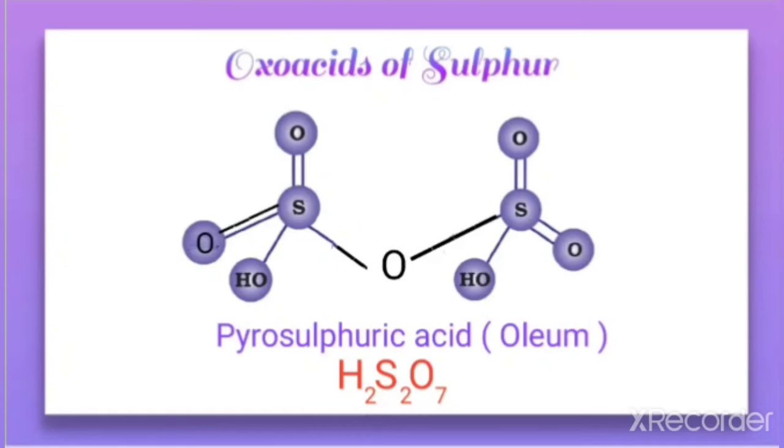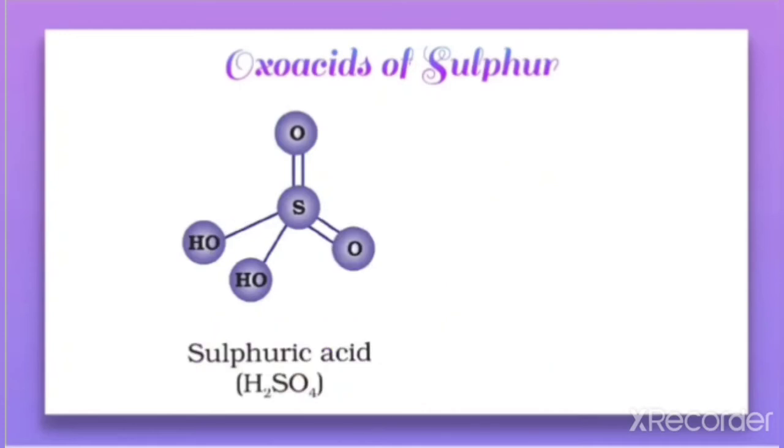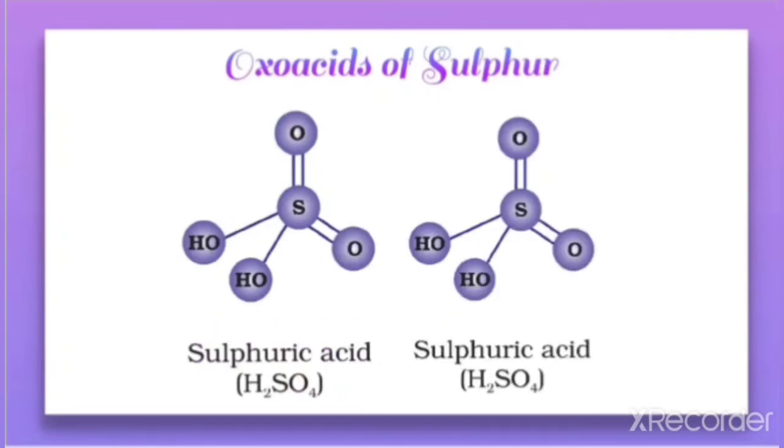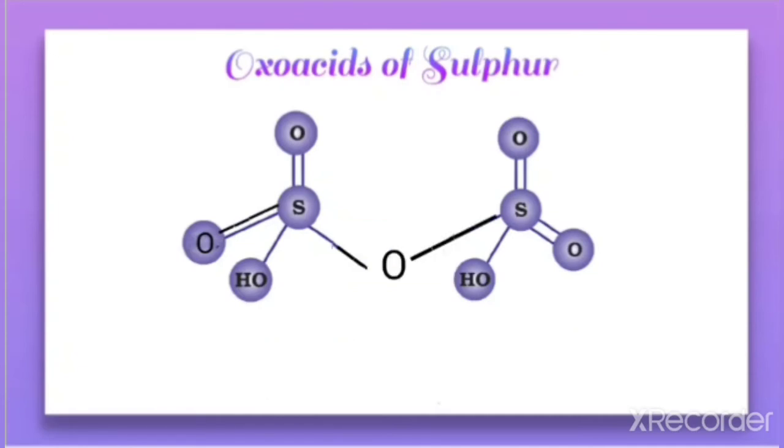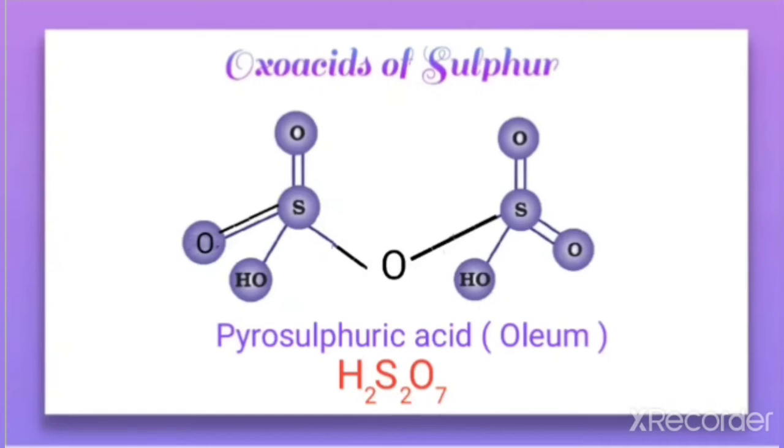How easily we have framed it: if you learn the structure of sulfuric acid, make one more structure, rearrange the bonds so that the two H come closer, remove the water and the structure is ready. That is pyrosulfuric acid, commonly called oleum.